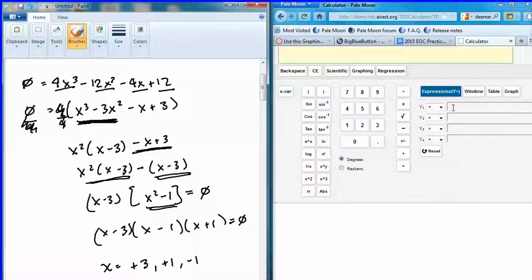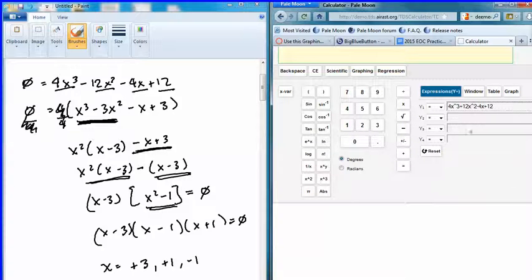Okay, I'll go 4x cubed, so that would be to the third power, plus 12x squared, plus, oops, not plus, backspace, minus 4x plus 12.